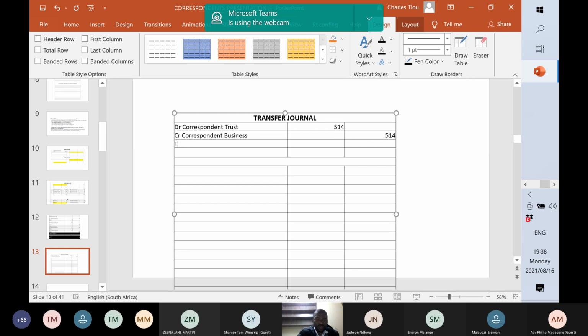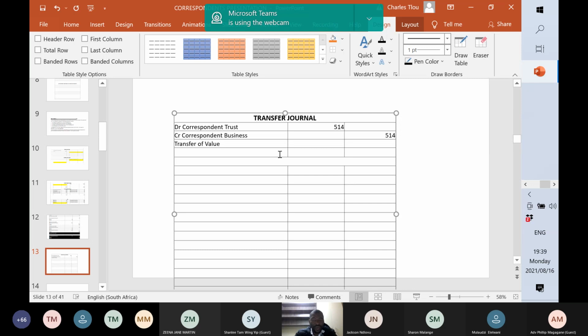And come here and say transfer value. That is your transfer journal. In the transfer journal, you debit correspondence trust 514 and credit correspondent business 514 because we are transferring the value of what the correspondent owes in business from the trust to the business so that we can pay ourselves.